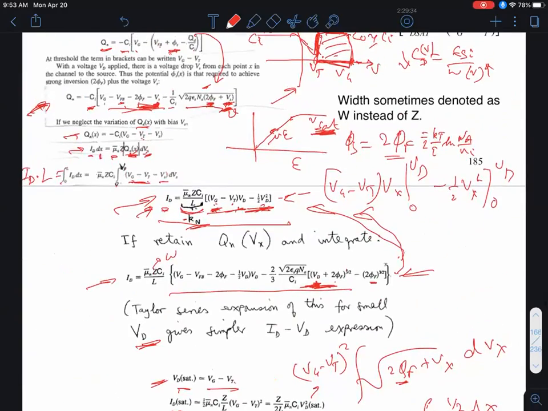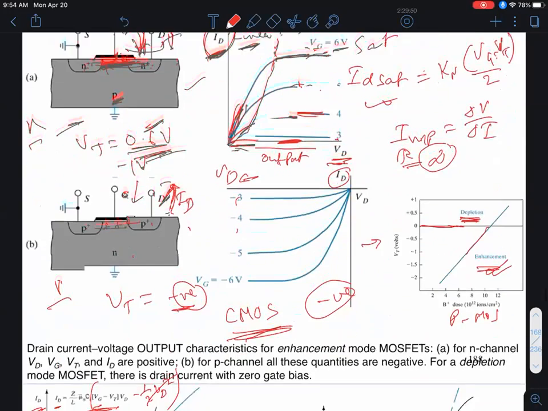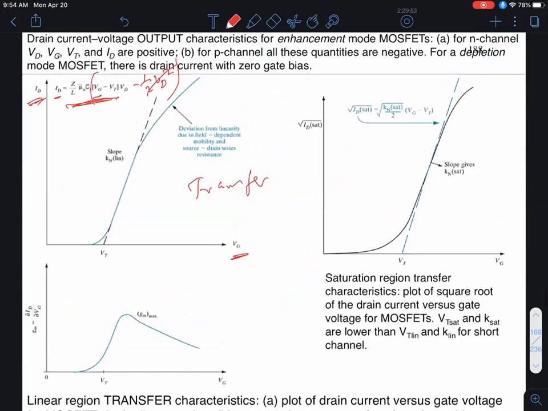Okay, so here I'm momentarily ignoring the half VD squared term for assumed low drain biases. Okay, if the drain bias VD is very, very small, suppose VD was 0.1 volt, okay, then VD squared would be 0.01, and I can kind of ignore the quadratic term. And that's what I'm showing in the simplified version.